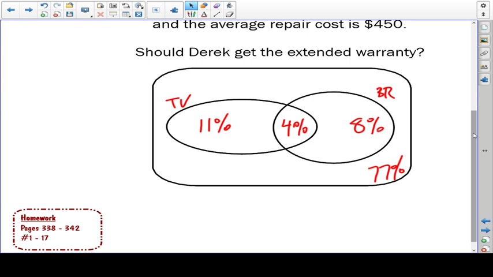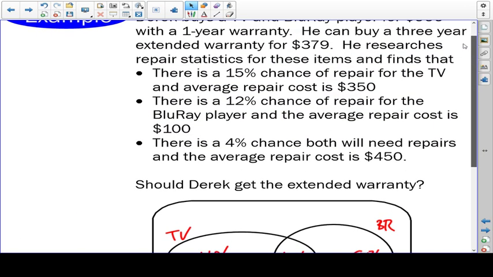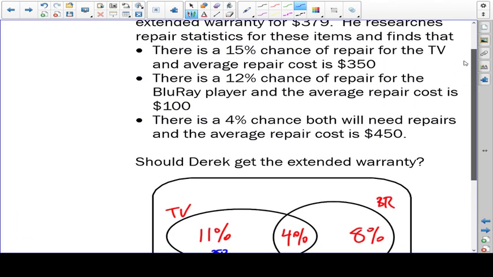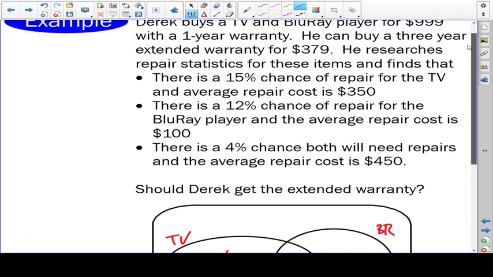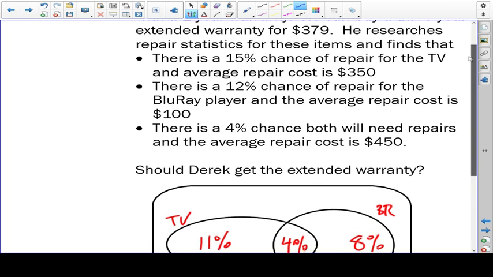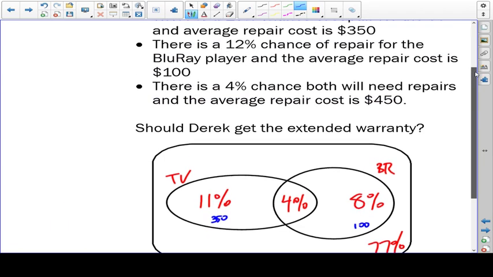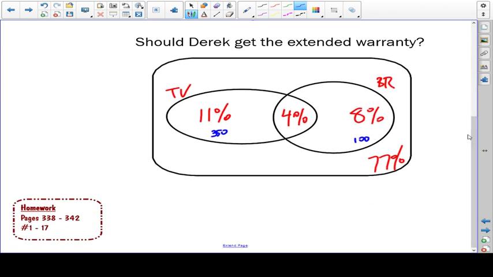So in this particular case, here's the interesting bit. If just the TV goes, then the repair cost is $350. If the Blu-ray player itself goes, then the cost would be $100 to get it fixed. And if both happen to go, then the repair cost is $450.